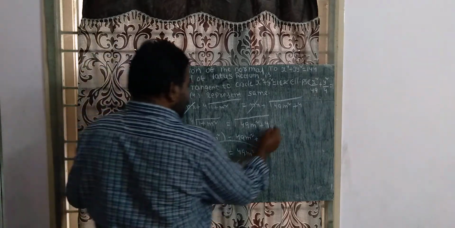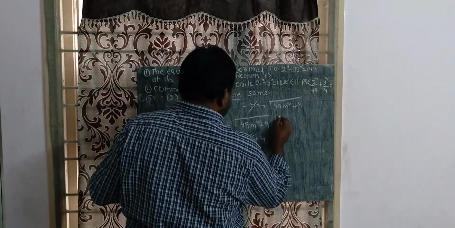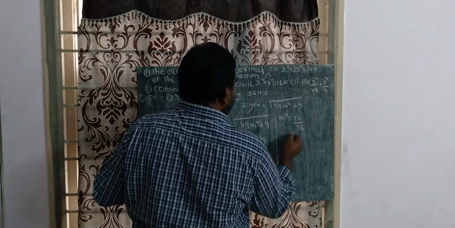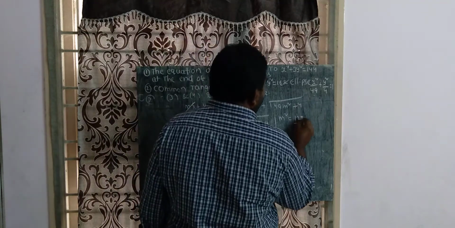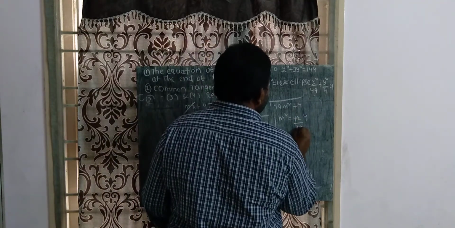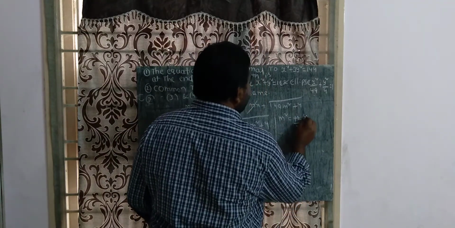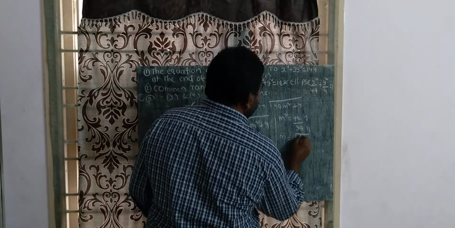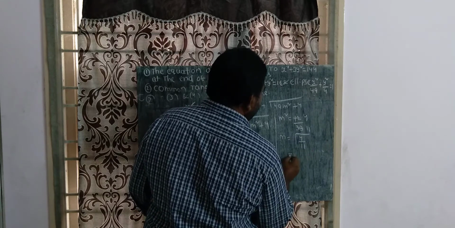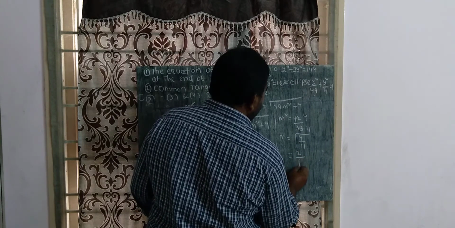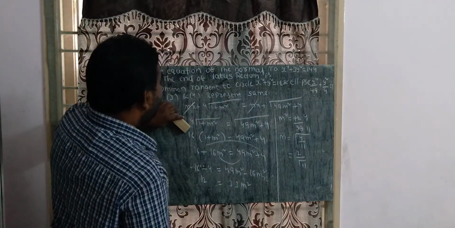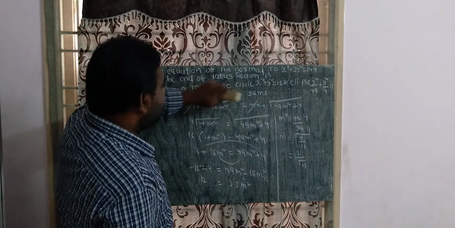So finally m square is equal to 12 by 33. Let us cancel it with 3, we get 4 by 11. M square is equal to 4 by 11, so m is equal to square root of 4 by 11, that is 2 by square root of 11. Okay, we have the slope of the common tangent to the circle and ellipse.